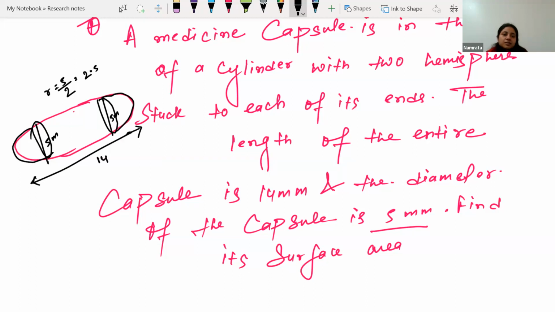That will give us the length of the cylinder, right? Once we get the length of the cylinder, which formula will we apply for finding the total surface area? LSA of the cylinder plus 2 LSA of the hemisphere. Yeah, exactly. You will be able to continue from here, I can see.